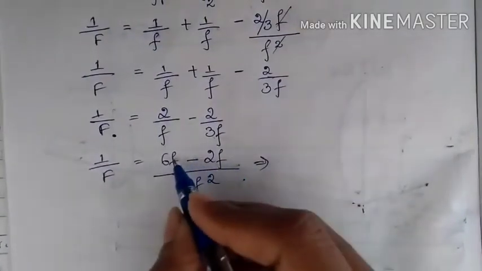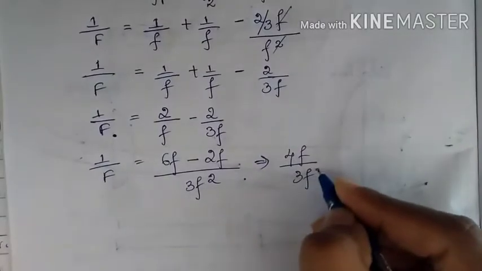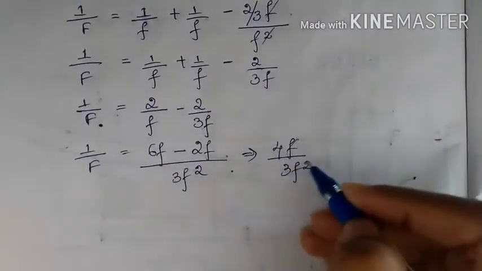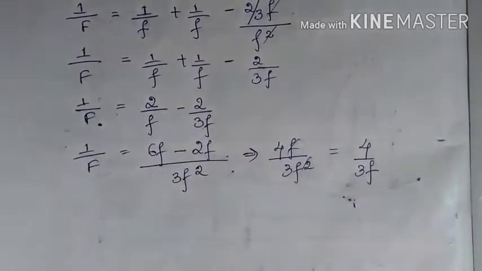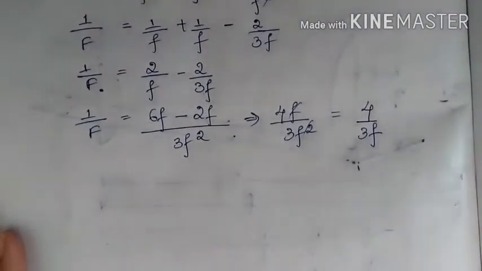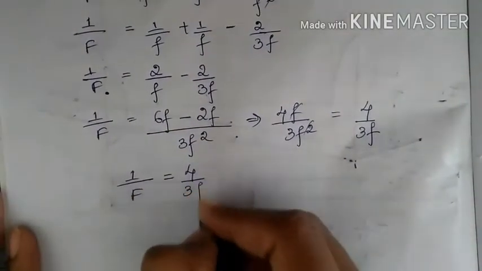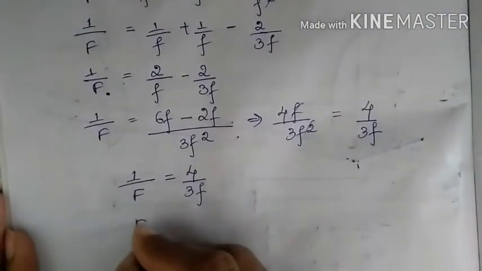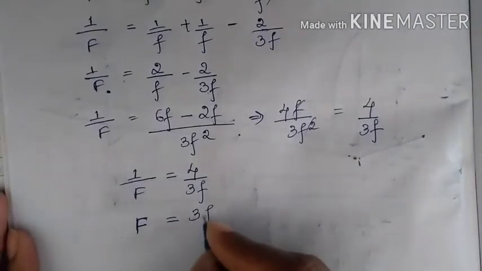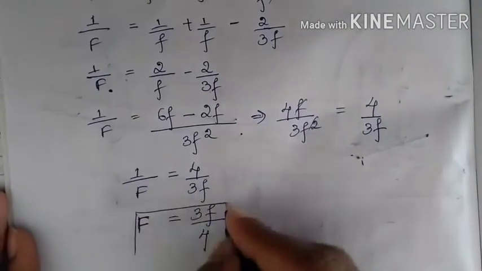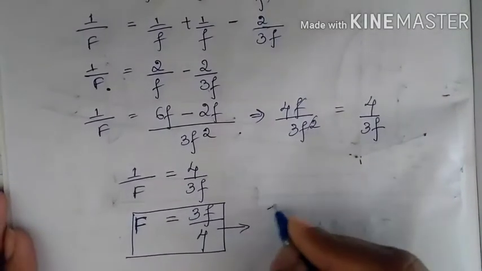So 6f minus 2f is 4f divided by 3f square. So f will get cancelled. What remains is 4 by 3f. So that means 1 by F is equal to 4 by 3f, and F, that is the equivalent focal length, will be how much? 3f by 4. So this is the equivalent focal length for the system.